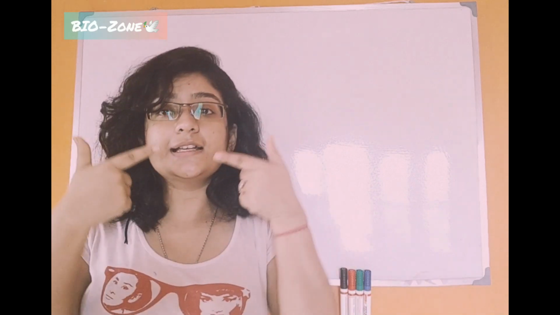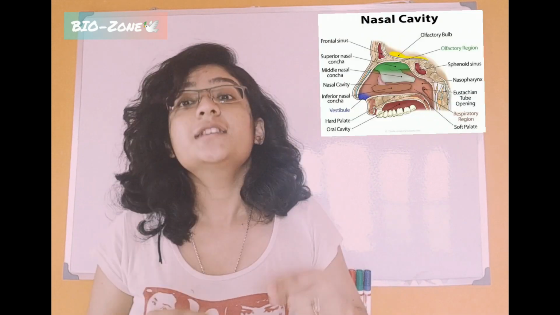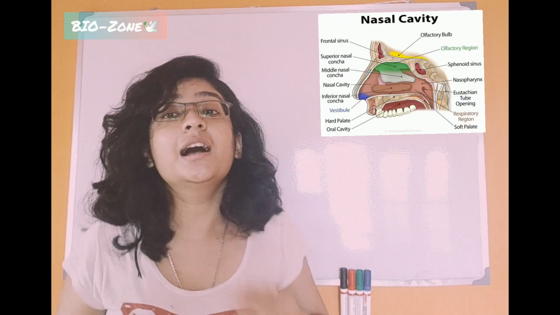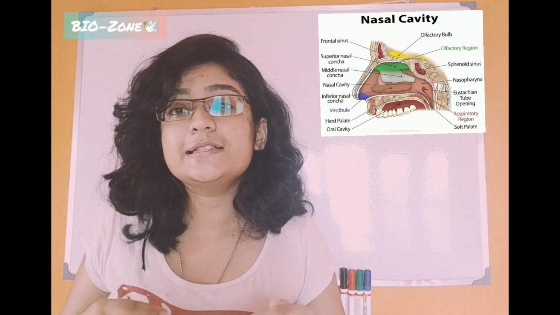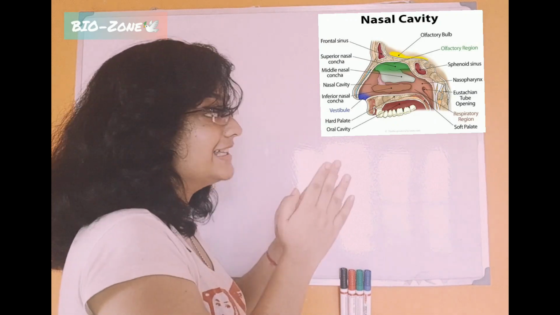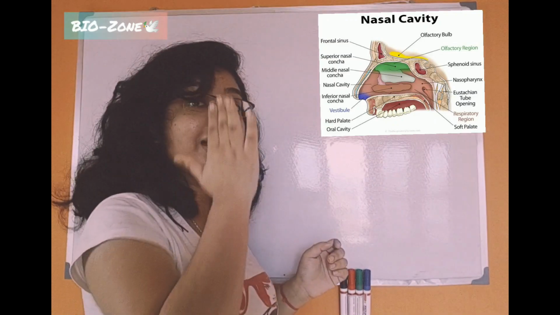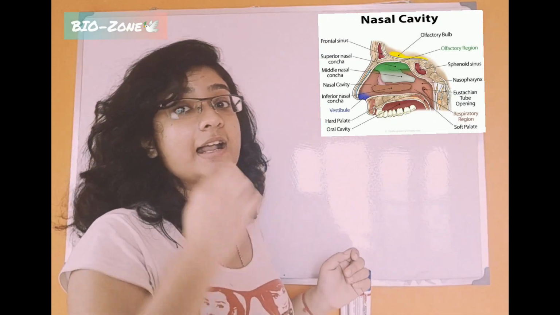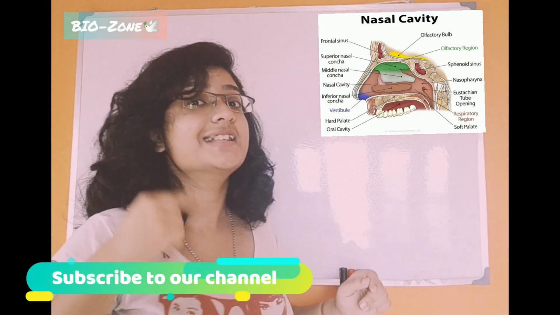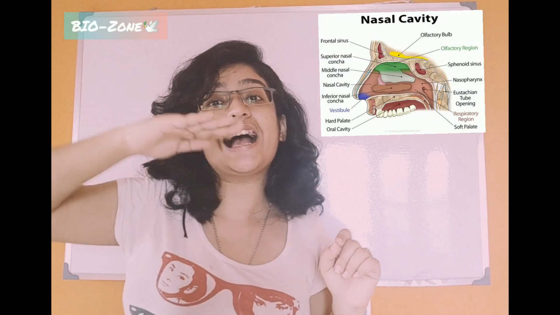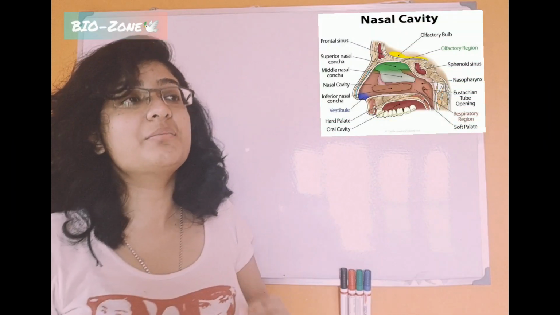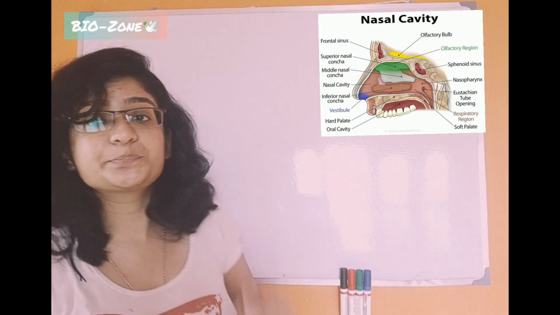So, this is our nasal cavity. When any smell goes inside from here, what happens? Here there are 3 conchae. The most upper concha is called the superior concha. There we have a mucous membrane, which we can see here, right?